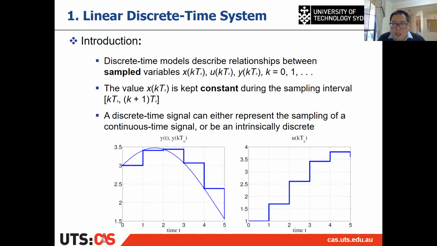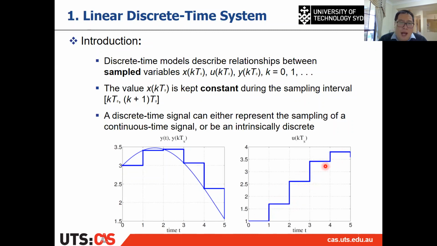And the third property of the discrete time system is that it can either be naturally discrete, or it can be converted or sampled from a continuous time system. For example, on the bottom right figure, you can see this system is naturally discrete.